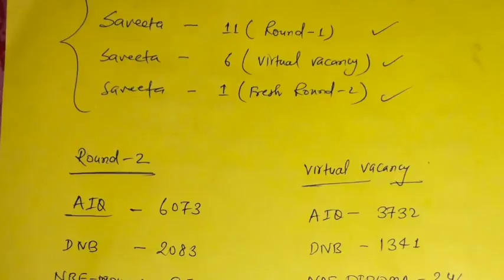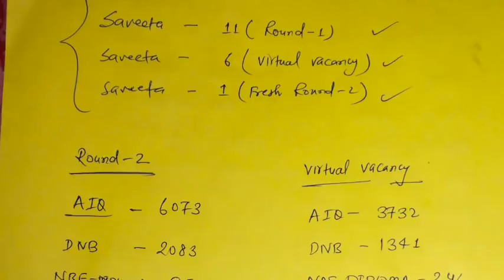On those 6 seats, the candidates had taken admission in the first round and reported, but they had opted for upgradation. The round 2 Excel or PDF that you have shows the total number of seats available in round 2.